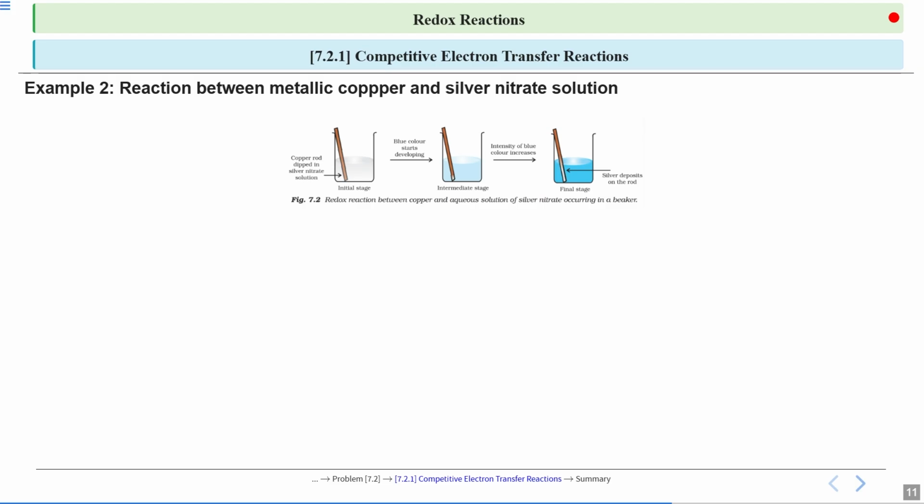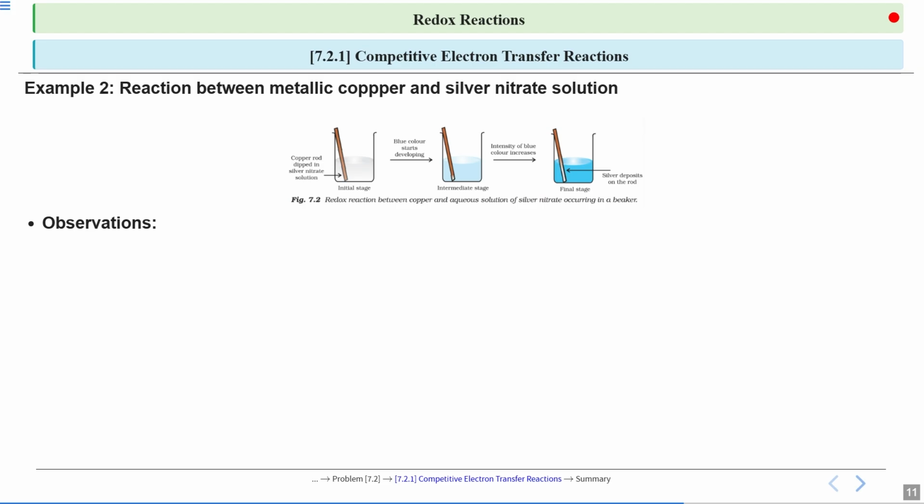In the final stage you will notice that the solution that was silver nitrate is now of very blue color, while the copper rod that was brown is getting whitish, because silver gets deposited on the rod. This is the redox reaction taking place between copper and aqueous silver nitrate.